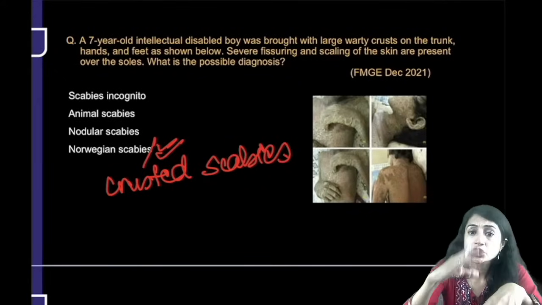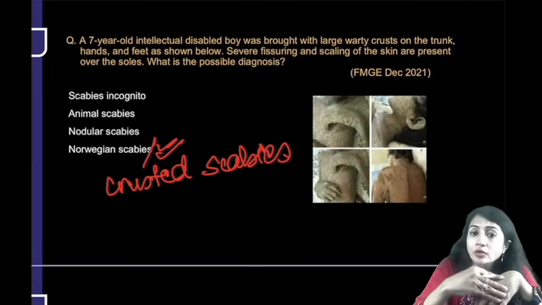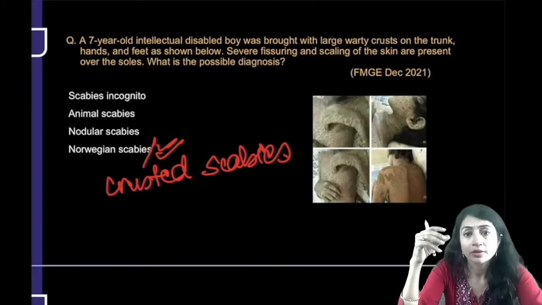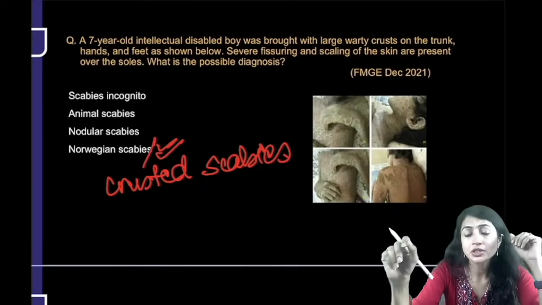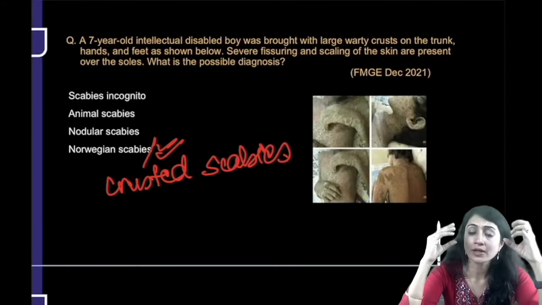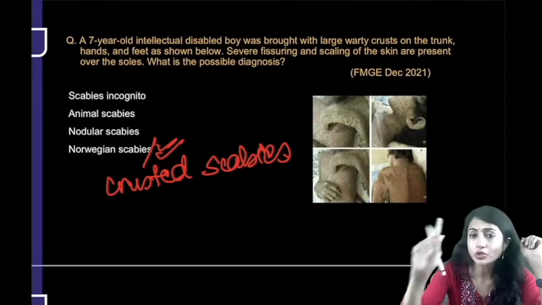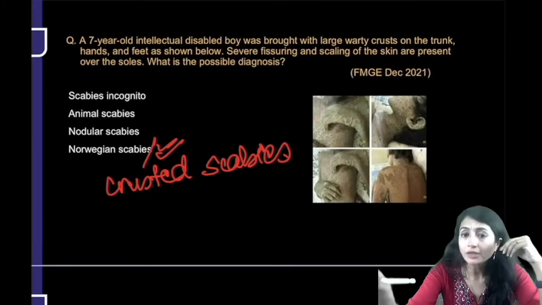Because they do not itch, their burrows just keep staying like that, and that leads to formation of crust and warty lesions, right? So this is Norwegian or crusted scabies, very commonly seen in institutions where there are leprosy patients, in patients with Down syndrome. It is the most severe form of scabies, very, very infective.